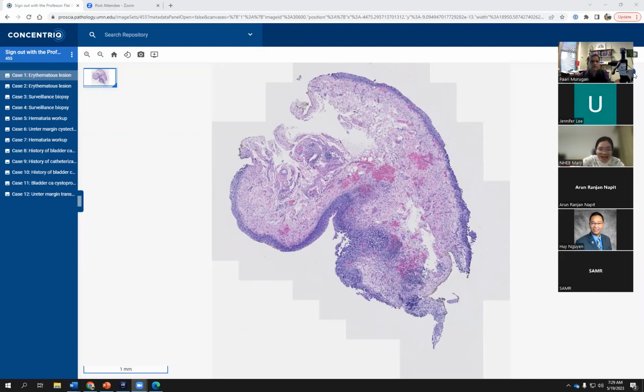All right, let's go on to case one then. We just have an erythematous lesion over here. There is no detailed history because in most patients, the history is not unique. It's going to be the same type of presentation.